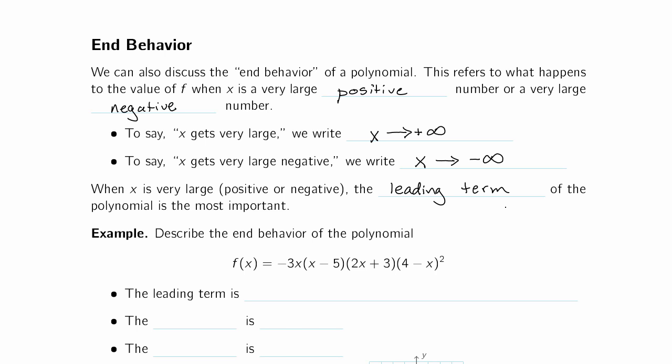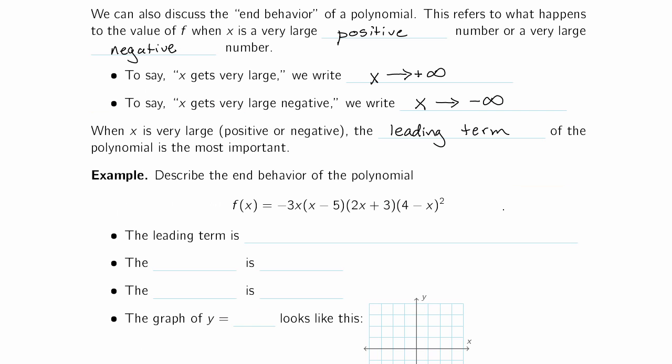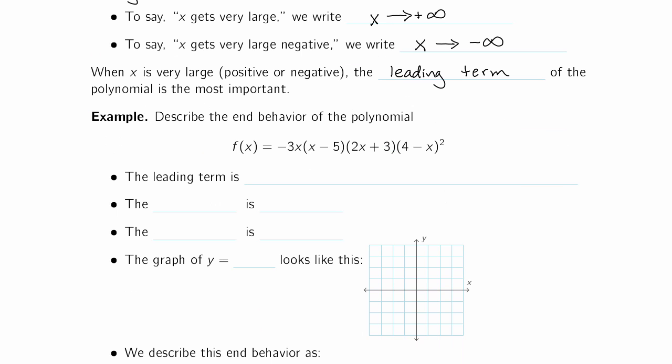So if we wanted to describe the end behavior of this polynomial, first we would look at our leading term. So to find our leading term, we have to do some multiplying. We go to the leading term of each factor, and we say, okay, we've got a negative 3x times an x times a 2x times a negative x, and that's squared.